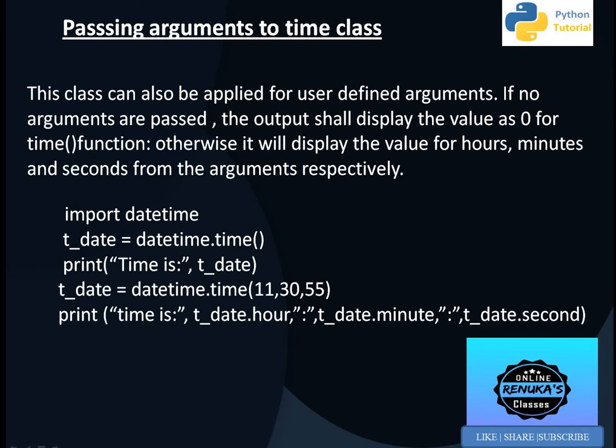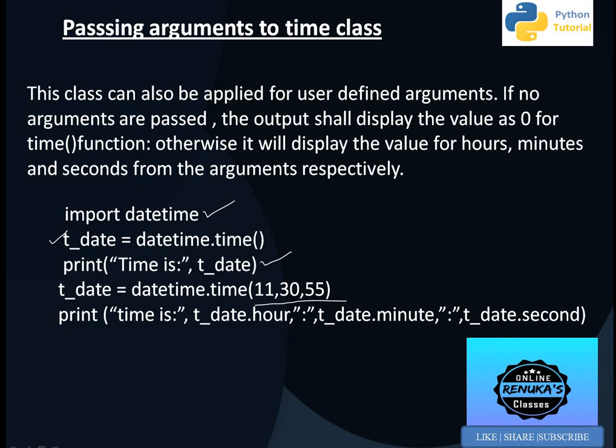Then passing arguments to the time class. Till now we have discussed printing the current date or current time. Now suppose we want to print the time in a format given by the user. For that we can use arguments. With the help of arguments we can print the required time. Similarly to what we have done previously, we will import the datetime class, then create an instance, then print the current date, then we will create datetime.time, and here we will pass the argument 11:30:55, that is 11 hours, 30 minutes and 55 seconds.